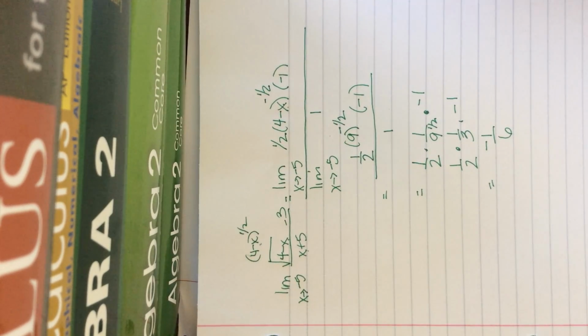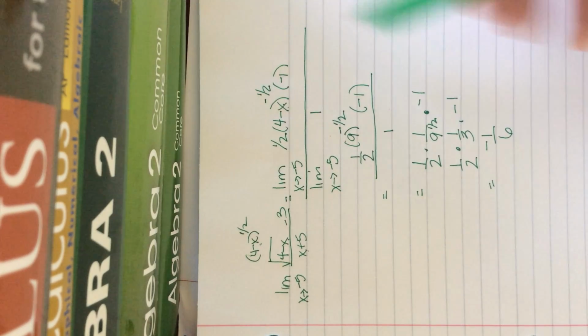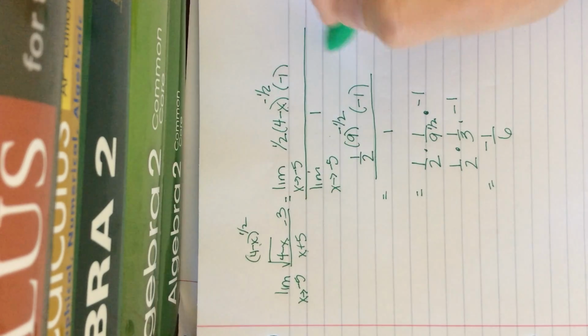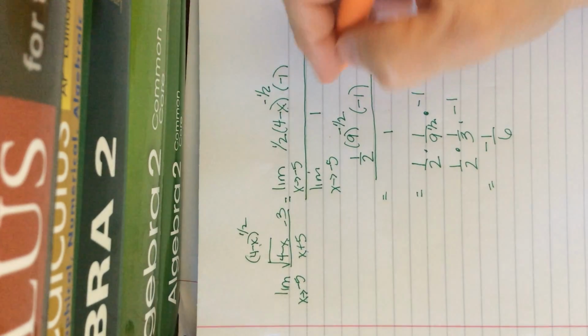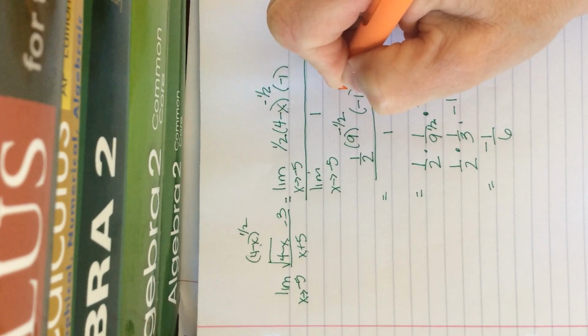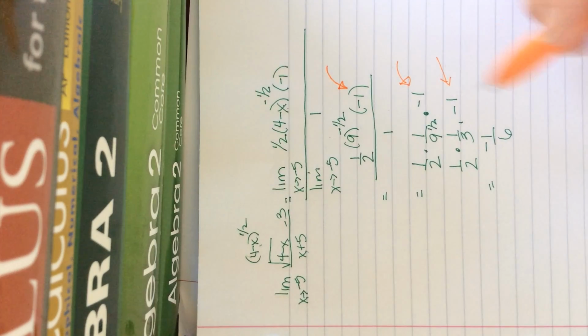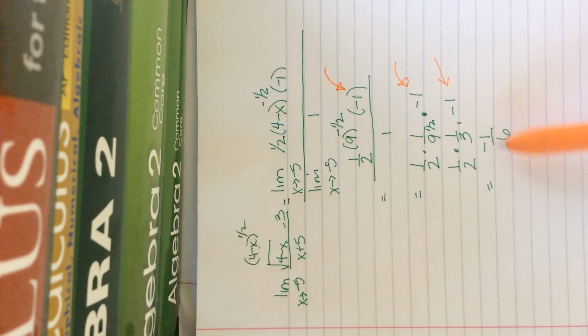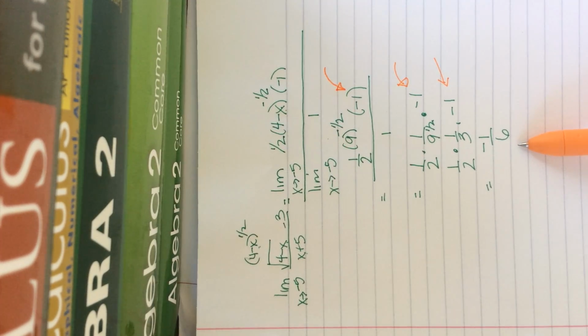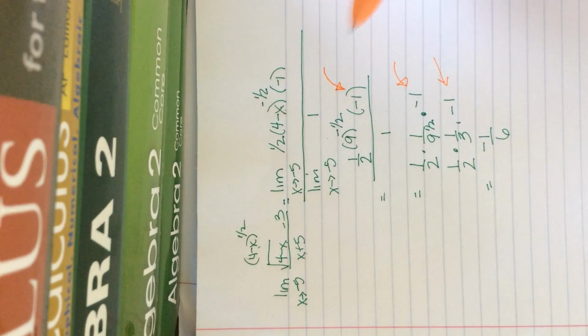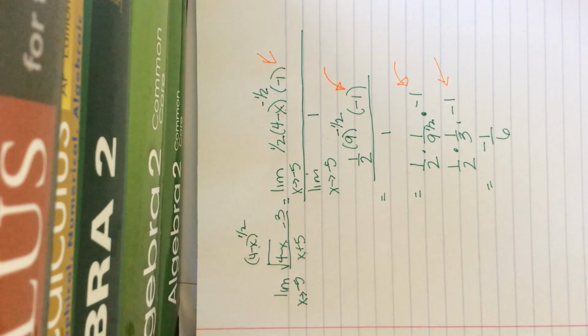And I'm pretty sure, yep, when you're looking at the notes that I've provided in the completed form, I'm realizing that I left this piece off. So your answer on the notes should be negative 1/6 because I forgot to do the derivative of the inside piece.